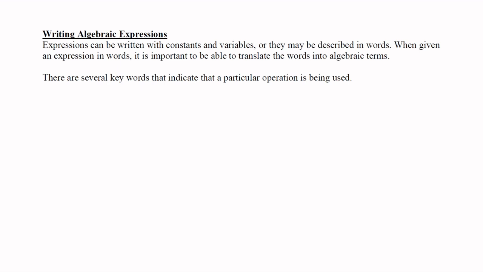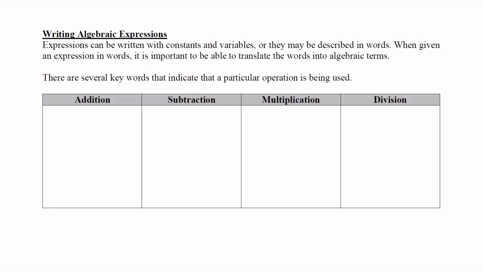So part of the challenge that a lot of people get in doing word problems is being able to interpret what the word problem is saying. So we're going to start building on those skills of being able to interpret what a word problem is trying to say. So let's talk about keywords for the four operations: addition, subtraction, multiplication, and division.